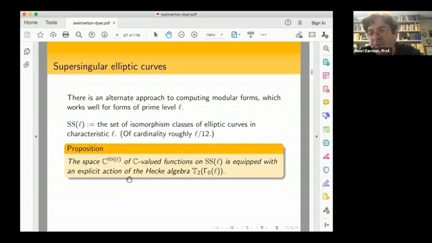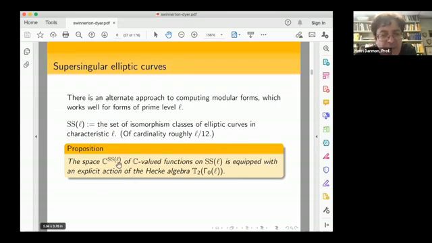And it's endowed with a natural action of Hecke correspondences. If you have a supersingular elliptic curve in characteristic L and you want to define the Hecke operator T_p, you just send that to the formal sum of the p+1 p-isogenous supersingular elliptic curves in characteristic L. That gives rise to a collection of commuting endomorphisms on the set.